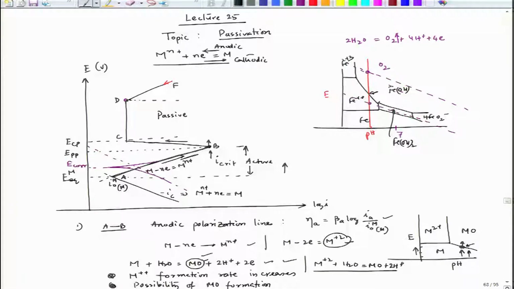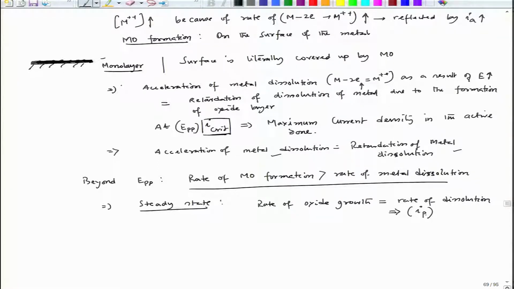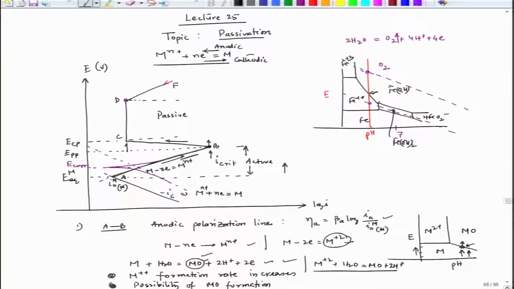And at a certain location, I will have a steady state situation where the rate of oxide growth would be exactly equal to the rate of dissolution, which is nothing but I p, and this I p is I passive.